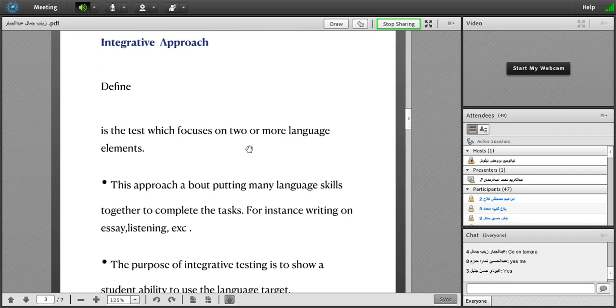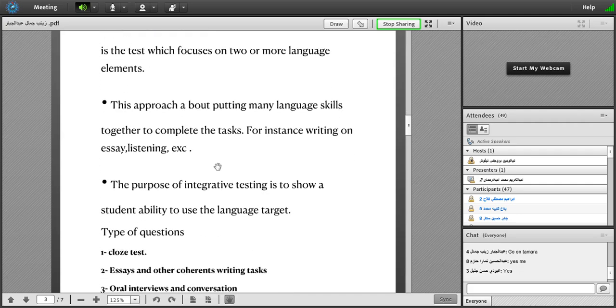Interactive approach, define: it is the test which focuses on two or more language elements. The interactive approach is about putting many language skills together to complete a task, for example, sentence writing, an essay, listening, and so on.